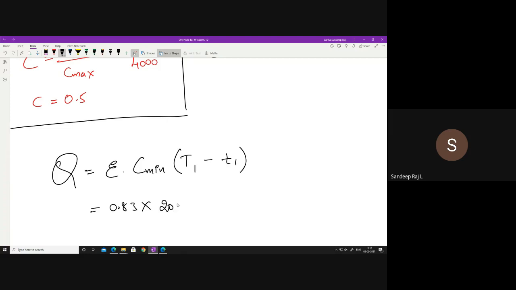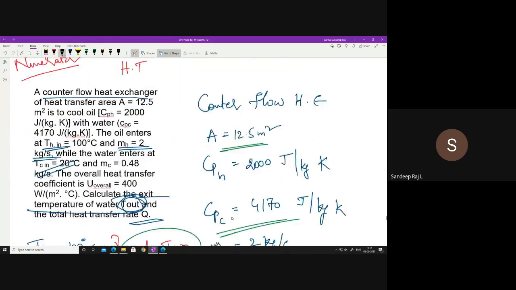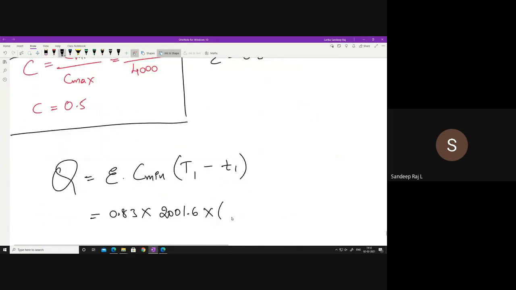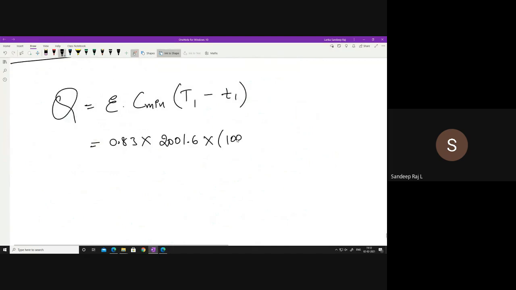The C min is 2001.6 and the T1 is given in the question as 100. Correct? The value given here is 120 for the other, 80. 100 minus 20, you substitute and you get the Q value. Quickly tell me what this Q value is.